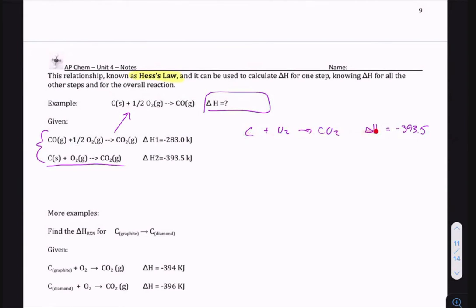Now, when we wrote this equation here, we verified the direction of this equation, and this equation shows CO2 as a product. But if CO2 cannot be in the overall reaction, that means we have to write this equation in such a way where CO2 cancels. Which means we need to flip that first equation given. So I'm going to rewrite it as CO2 forms CO plus 1/2 O2. And because I flipped it, I'm taking the opposite of what was written for its delta H.